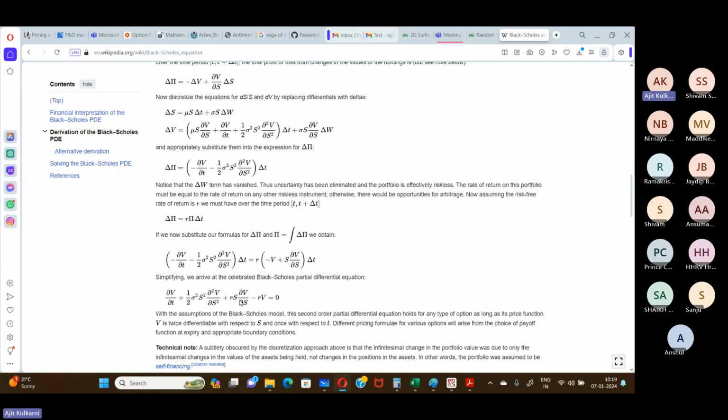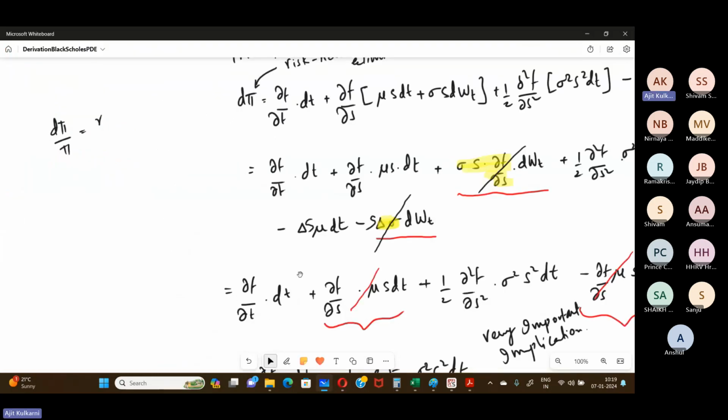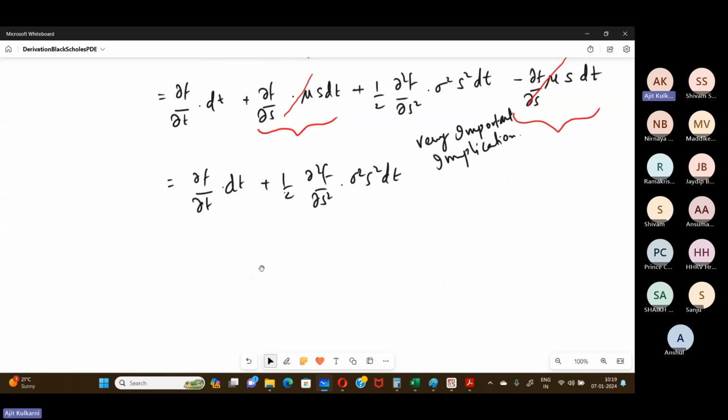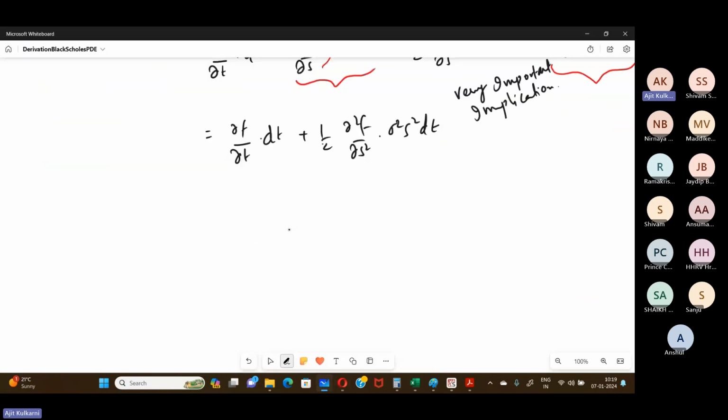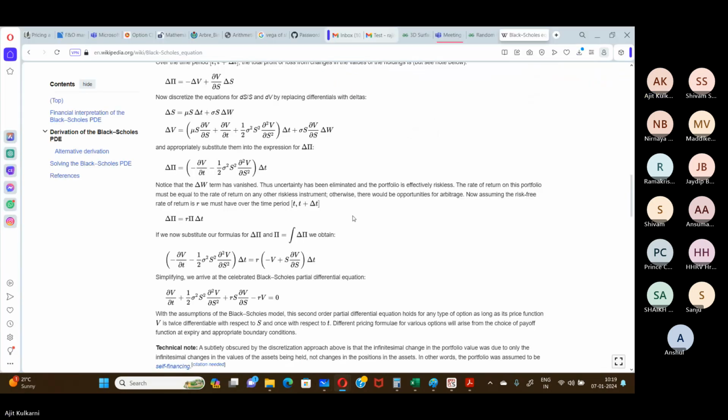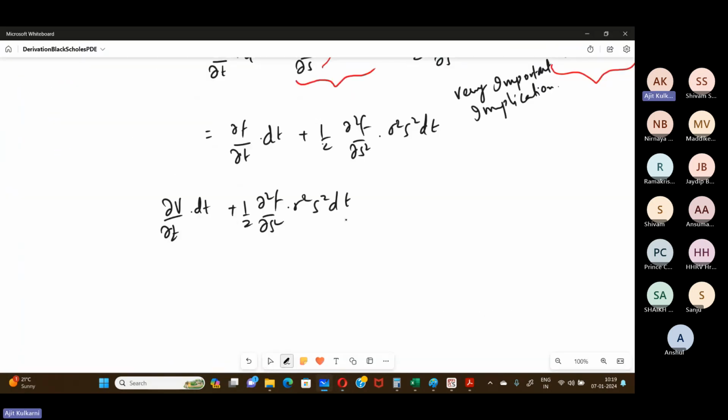Okay, note that. Let me just write it down. So dou V by dou t into dt plus half of dou square f by dou S square into sigma square S square. Oh, dt is not there. That's not required.